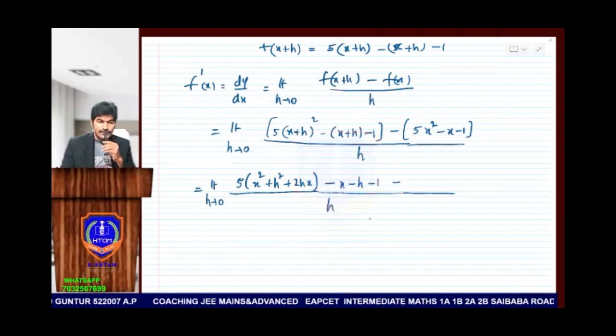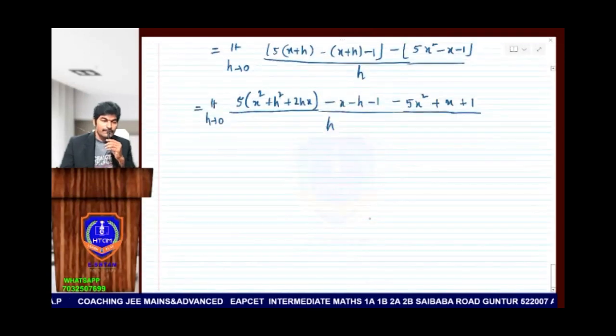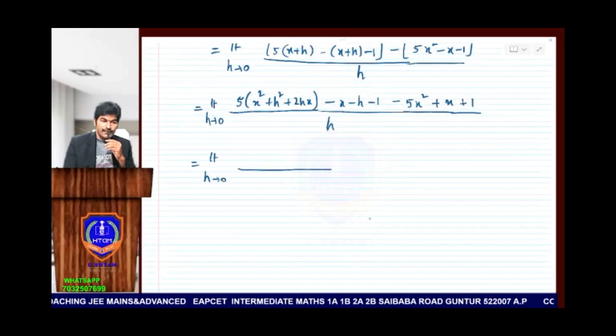Minus into 5x square is minus 5x square, minus into minus is plus x, minus into minus is plus 1. Now we will multiply in the next step with 5 and remaining all will be same. If there is any cancellation, you can cancel that. Plus x minus x cancel.